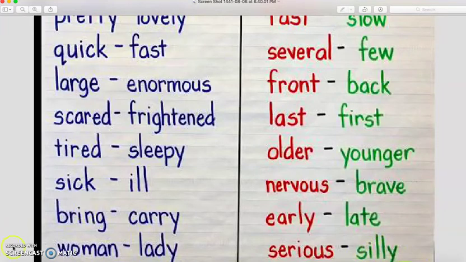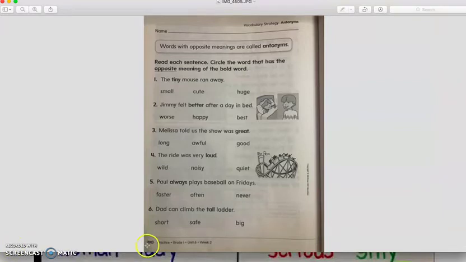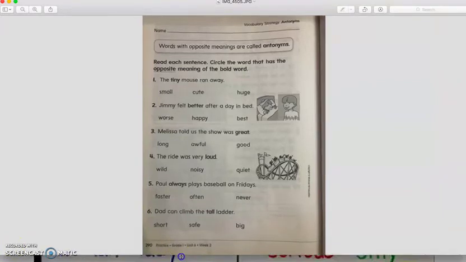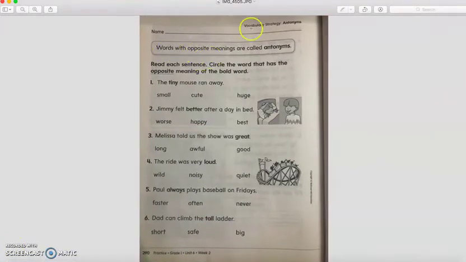Okay, now grab your term book please and open it on page 290. Here it says, again, vocabulary strategy. You need to open your book on page 290. Did you open it? Okay. Here it says, vocabulary strategy, antonyms.